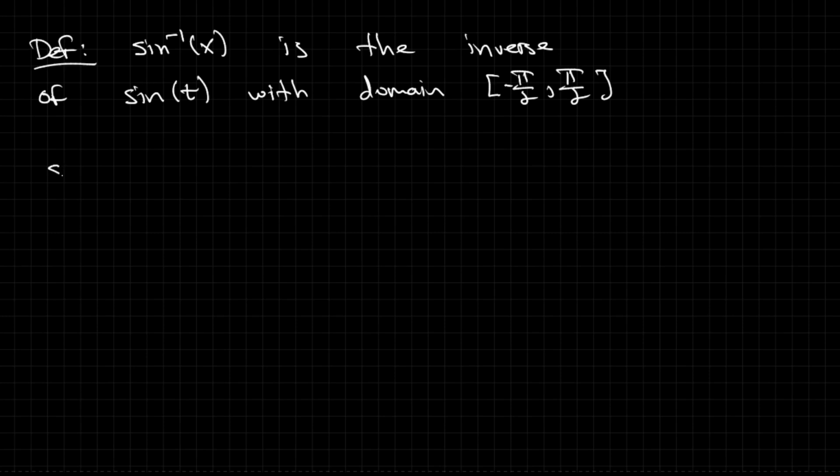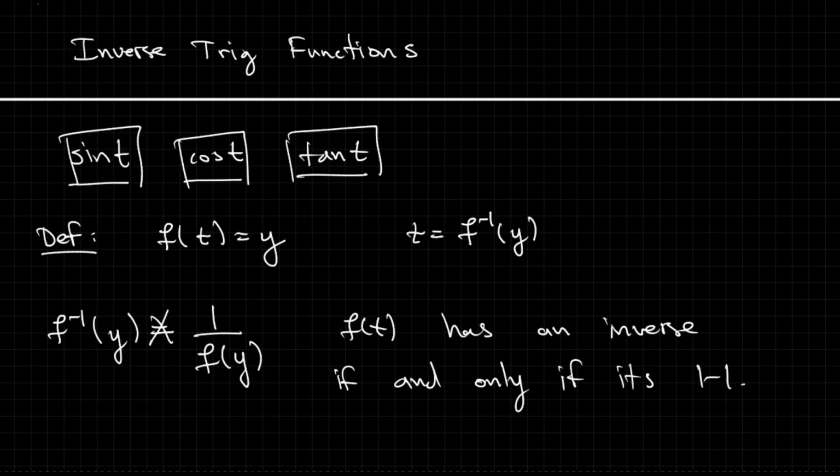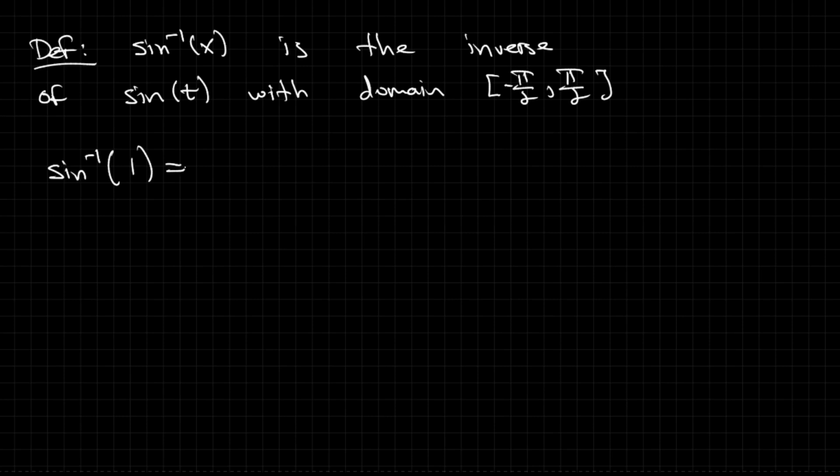The consequence of this is that when you go to evaluate sine inverse of something, so let's say we wanted to evaluate sine inverse of 1. Then to evaluate this, we'll proceed much like we did with the example with the quadratic function a bit earlier. So we start by setting it equal to t, and we'll need to apply the domain restriction here. I'll write what it means in terms of the original function.